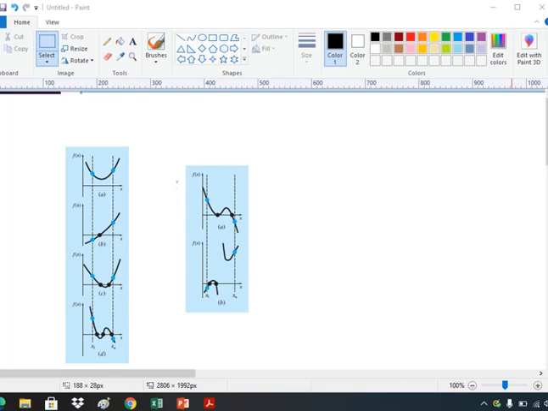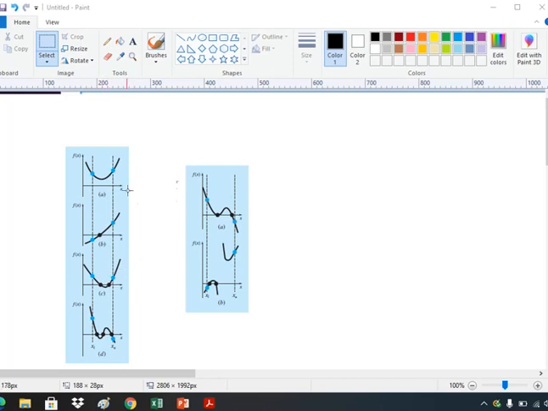okay. So as indicated in figure A and figure C, as you can see, the lower bound x and the upper bound x have the same sign, but ibig sabihin nun, there are possible na walang roots or there are two roots.